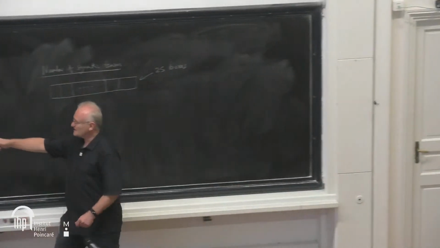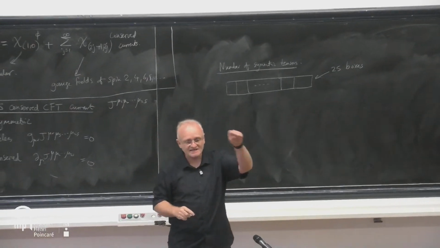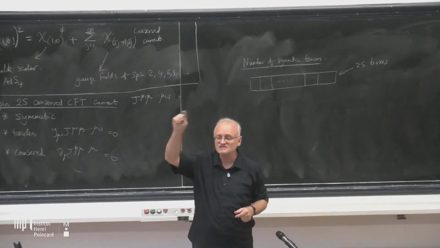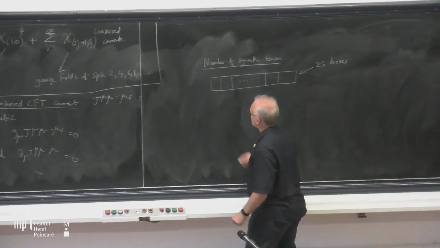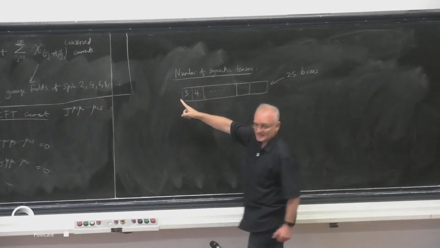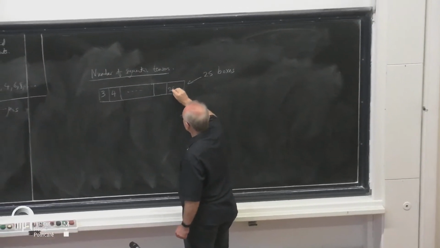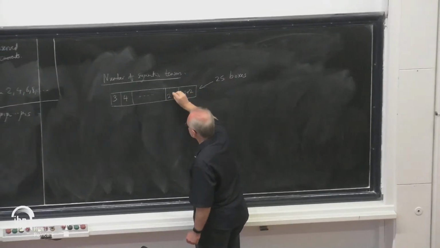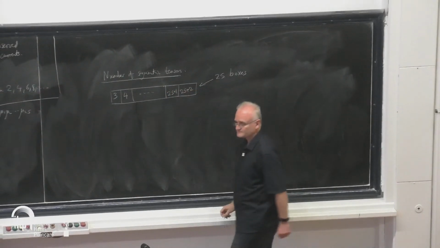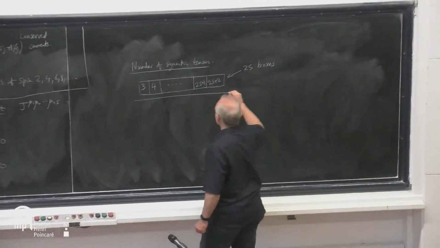Each index here can take a total of 3 values. Before we started, we put an n, n plus 1, n plus 2, because each index could take n values. Here each index can take 3 values, so there's a 3, 4, and I keep going. This will be 2s plus 2, 2s plus 1. And then I need to divide by the hook lengths.